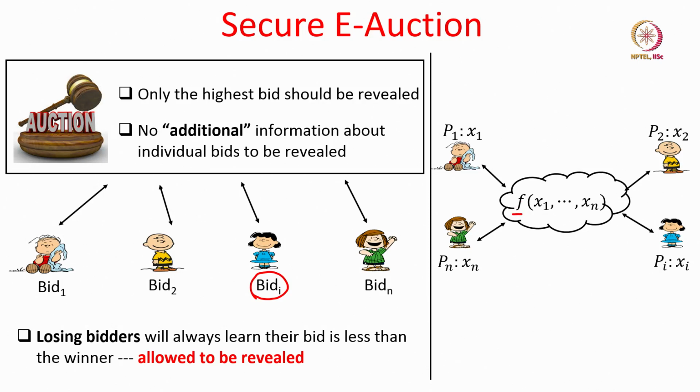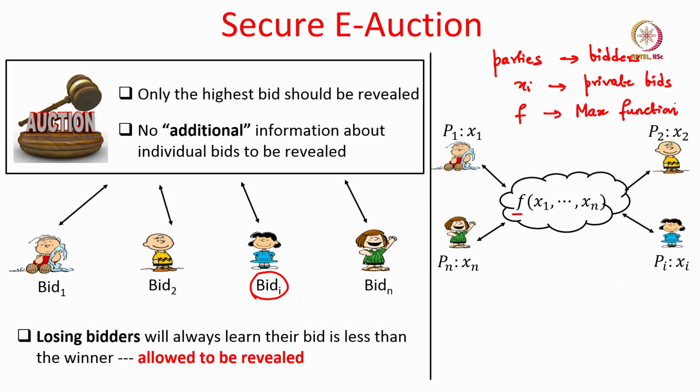So, the parties correspond to the bidders, and xi's correspond to the private bids, and the function f corresponds to the max function. Okay.